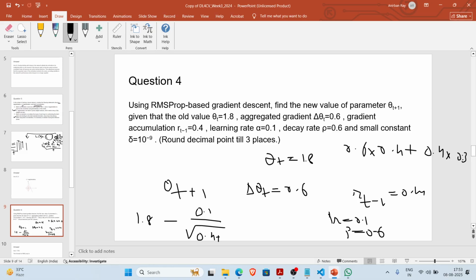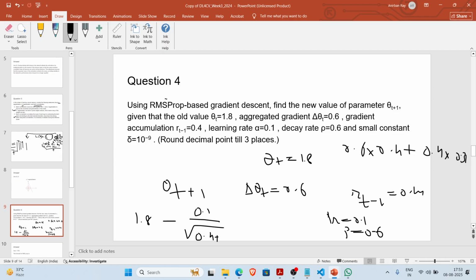So 0.24 plus this, 0.144. How much does this become? It becomes 0.384.